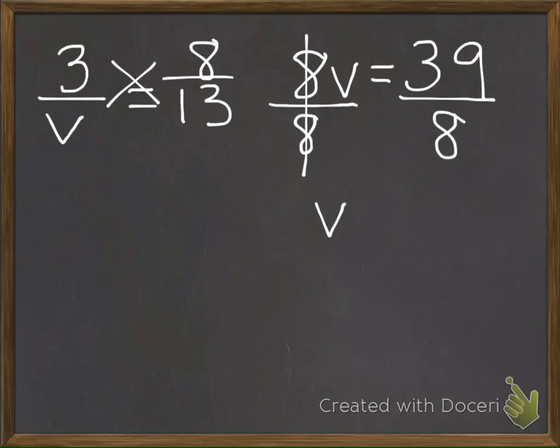And you're left with v equals 4 and 875 thousandths. How many of you got that one right? Good job. All right, any more questions? Any questions on that one, number 18?